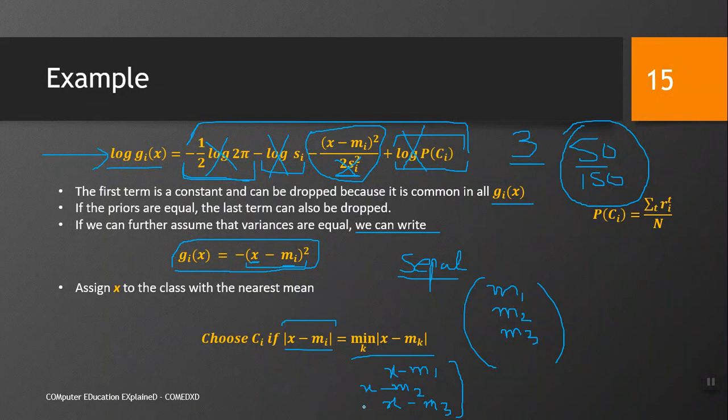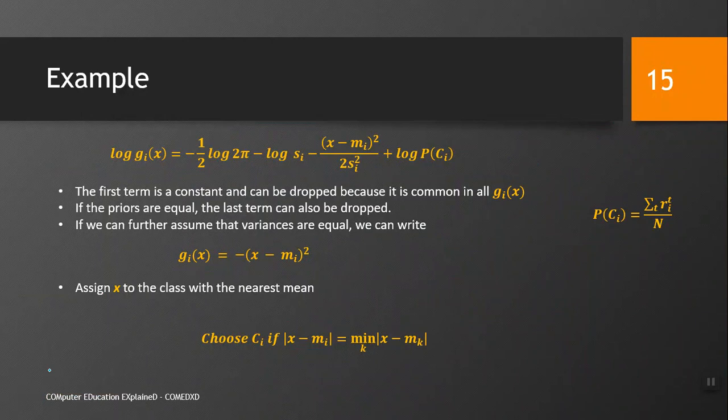For example, x has the minimum value when it is subtracted with m3, right. So we will say that x belongs to class 3, right. In this way, we can classify data which is normally distributed, and I hope that you have understood all the concepts given in this slide.